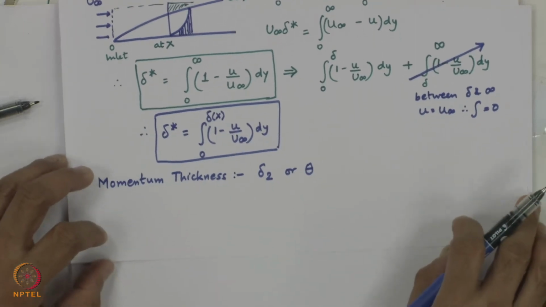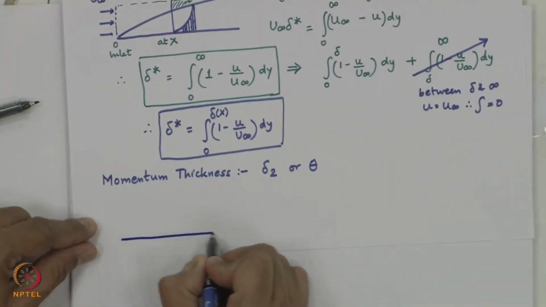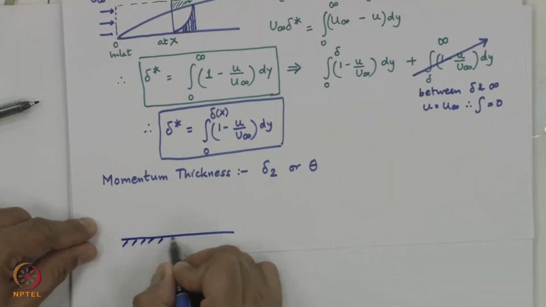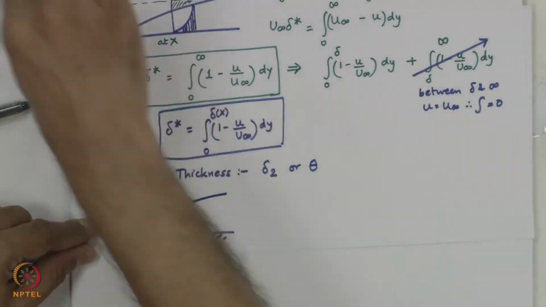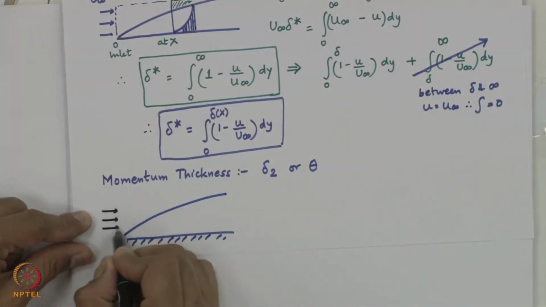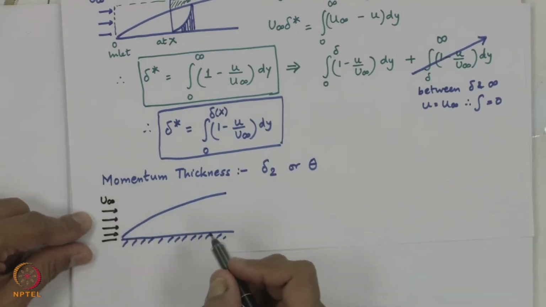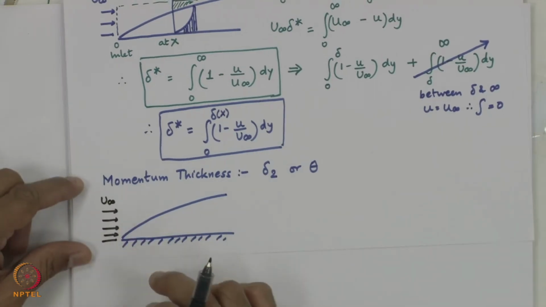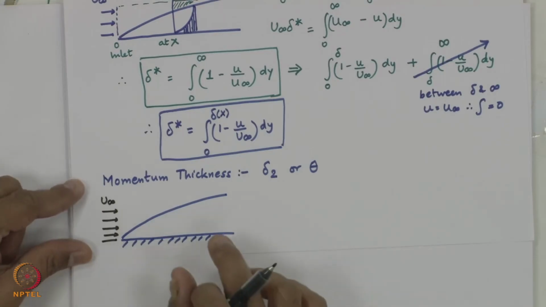What is it? It is exactly the same concept as what was used for displacement thickness. The fluid, when it comes in before it enters the boundary layer, comes in with a velocity u infinity. It brings in momentum, which is equal to rho u infinity into A, mass flow rate, times u infinity.